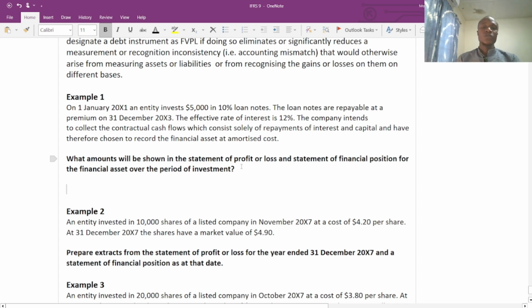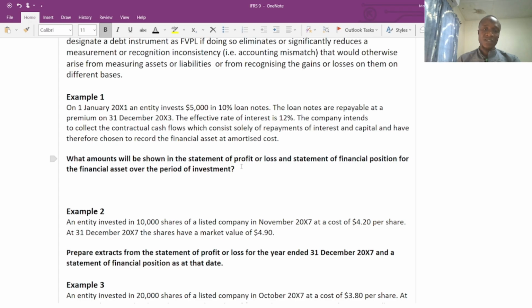So now, what amount will be shown in the statement of profit or loss and statement of financial position for the financial assets over the period of investment? On 1st January 20x1, an entity invests 5,000 in a 10% loan, the nominal interest rate that we are going to use to calculate the cash received. The loan note is repayable at a premium.